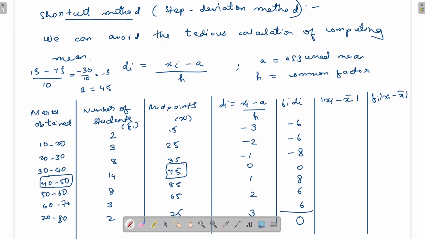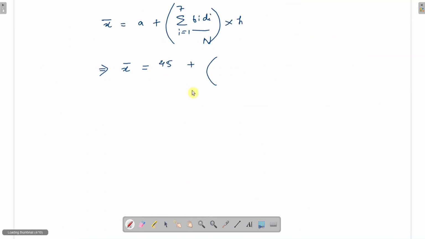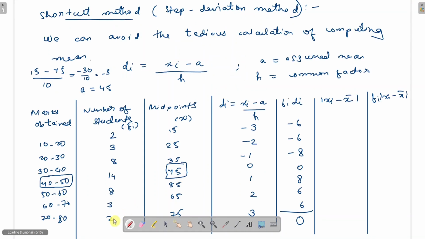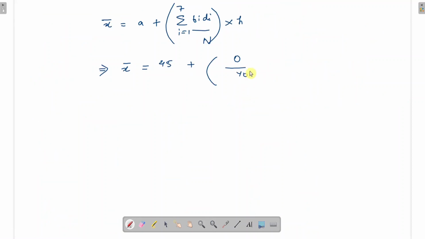So you can see that the summation FI/DI is 0 here, divided by n, which is nothing but the sum of the frequencies, that is 40. Okay. So 0 divided by 40 into h is 10. So this implies x bar is equal to 45.